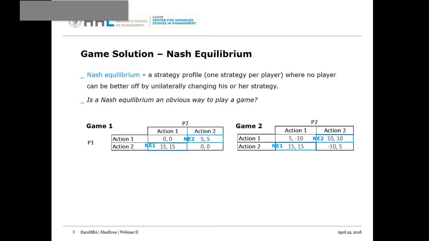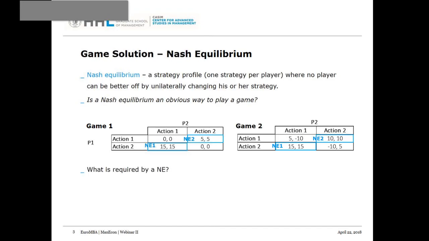Because playing action 2 might make you lose 10. So this is risky coordination, and just to illustrate that it's not that simple and obvious to play a Nash equilibrium. If you have one, it's a different story. But even then, the question one would need to ask, and I do it a bit provocatively, because in most cases people just look for a Nash equilibrium to find a way to solve a game.